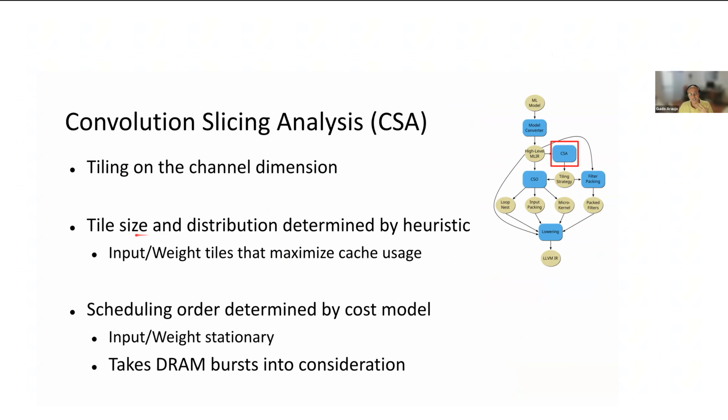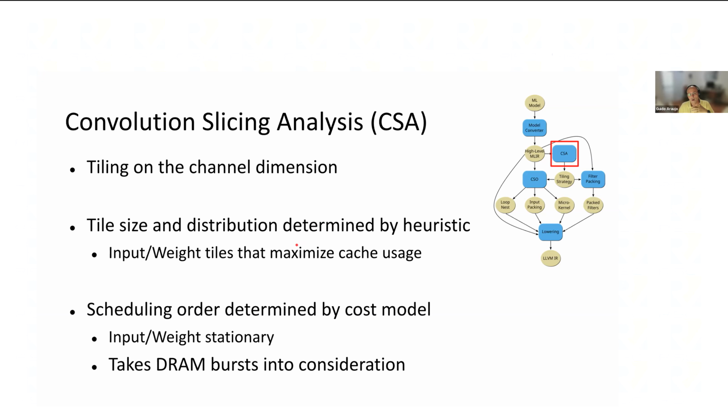As for the tiling, the size of the tiles and the distribution, in other words, the way you do the access of these tiles, the scheduling of the tiles, we designed a very simple approach, a very simple optimization heuristic in which we experiment with different numbers of tiles across the whole hierarchy.